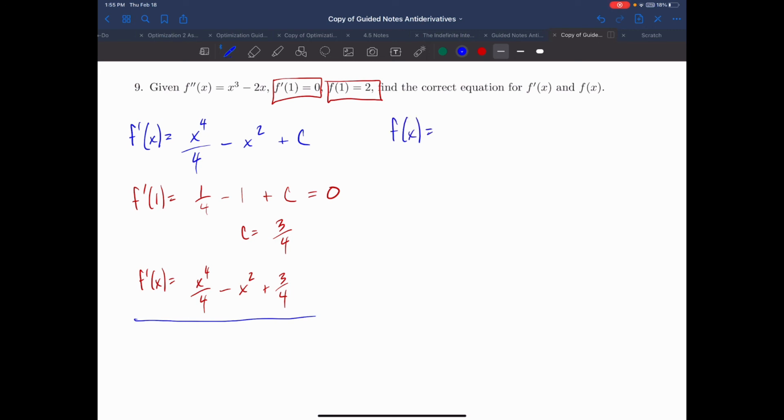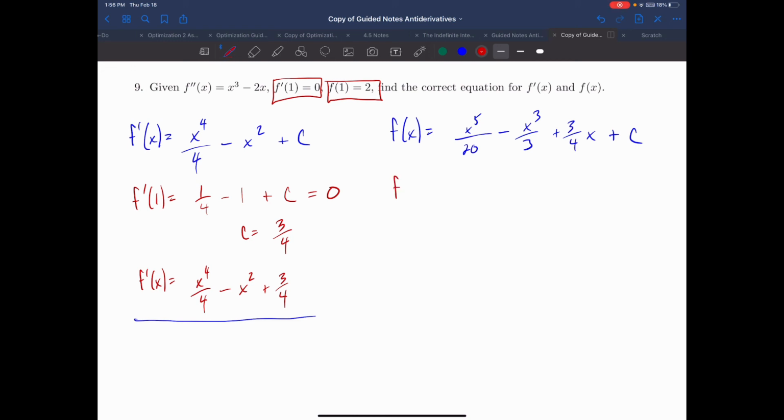This would be x to the 5th divided by 5 times 4, which is 20, minus x cubed over 3 plus 3/4 x plus c. And just like the last time, we apply the initial condition.